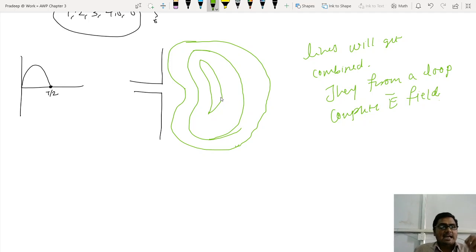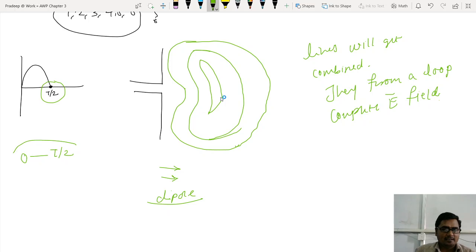Yes, and at t equals T by 2, this wave is detached from the dipole, is it? This is how the wave is detached from the dipole when the input signal passes from 0 to T by 2. One half cycle, that is one blow, and the balloon will get detached.